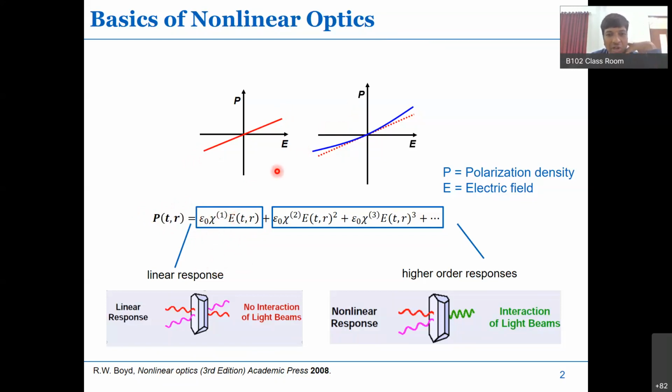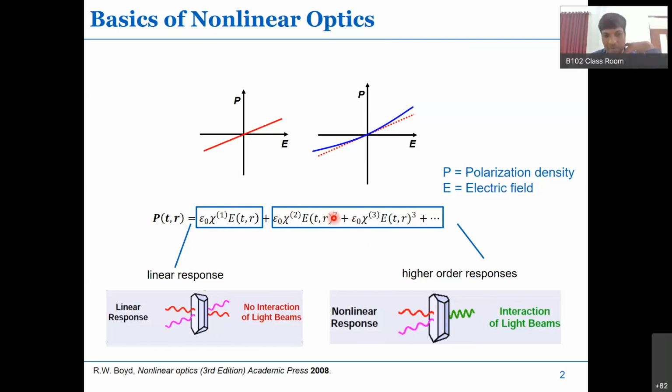But if you start increasing the electric field, and there is a deviation in this linear nature, then you start observing the higher order responses, which are typically called nonlinear optics.